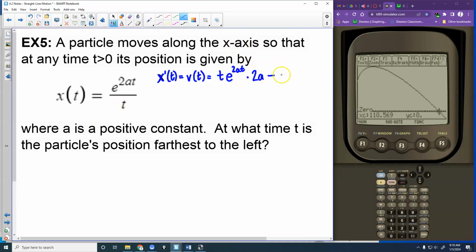All right. Minus e to the 2at times the derivative of the denominator, which is just 1, all over t squared.